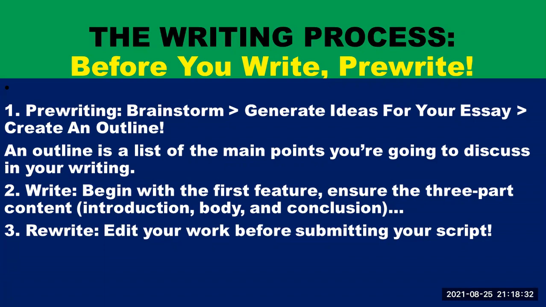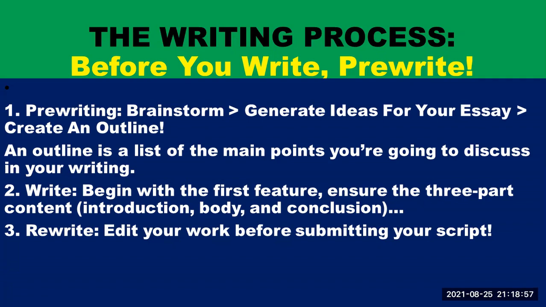Step one is pre-writing. That's the planning aspect, the preparation that you put into the writing before you actually start to write. It is said that if you fail to plan, you plan to fail. But if you plan, of course, you increase your chances of achieving success.